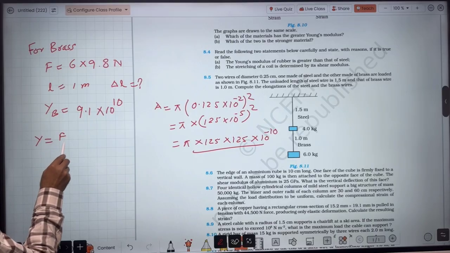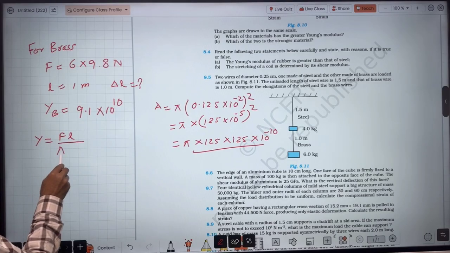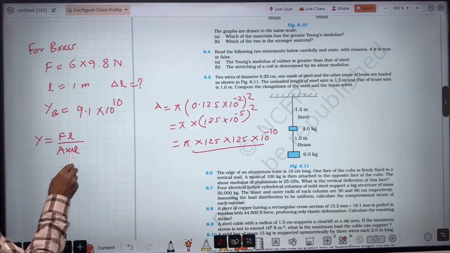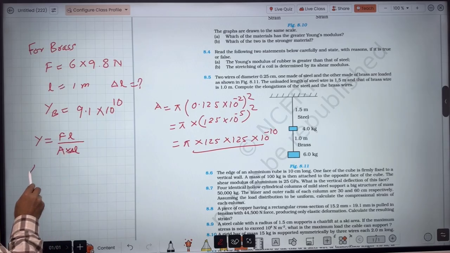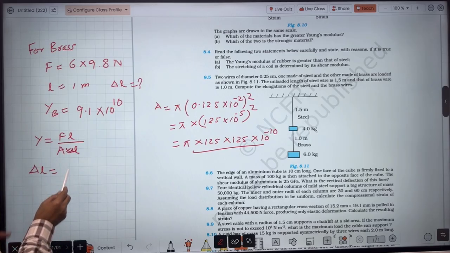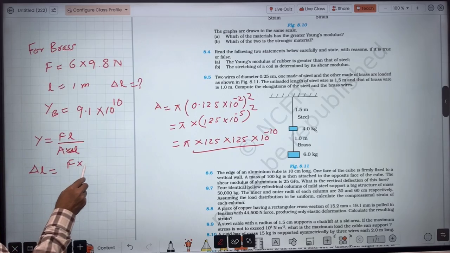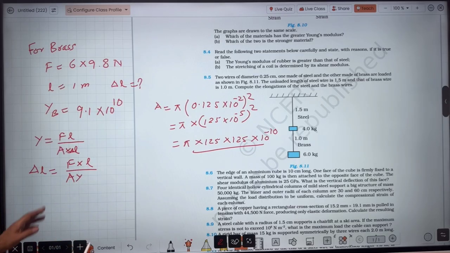Formula is Y equal to F L divided by A into delta L, and your concern is to get delta L for this. So delta L will be equal to F into L divided by A into Y. We can put the values.